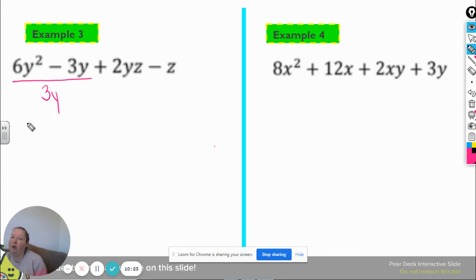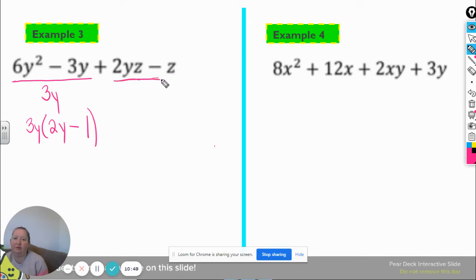Okay, so 3y is my GCF. And then I'm dividing out 2 and a y is left over. Minus, okay, these two things are the same. So when you have the same thing, it's still going to be a 1. Okay, so now that's the twin that I'm looking for. And in order to get that twin, what is the only thing I can divide out?